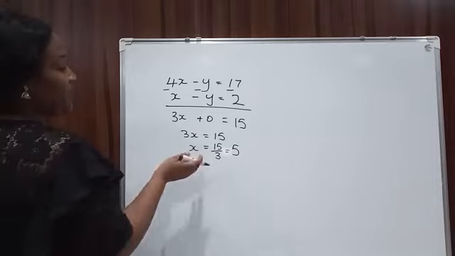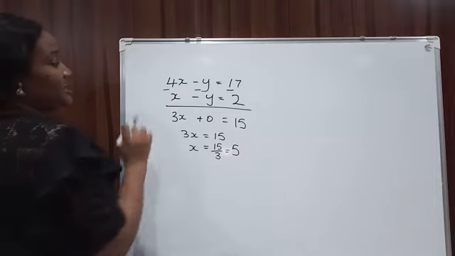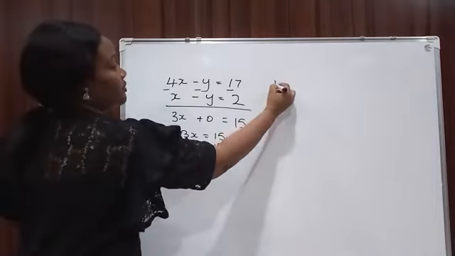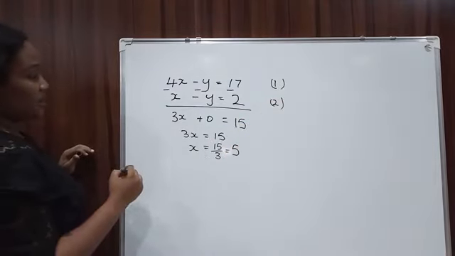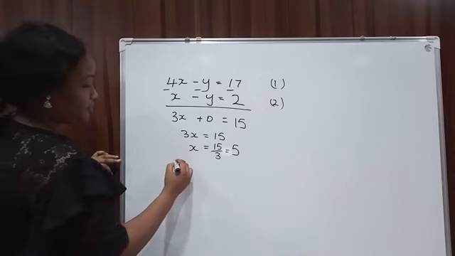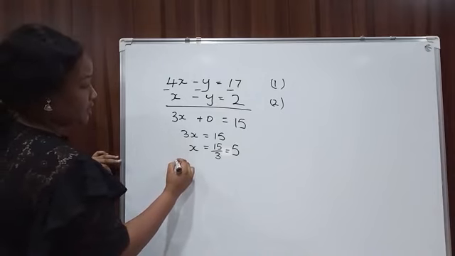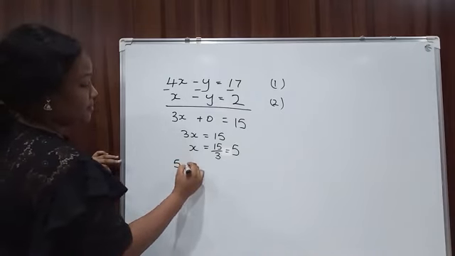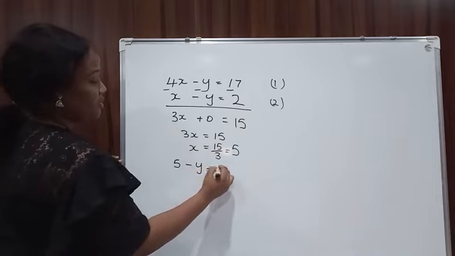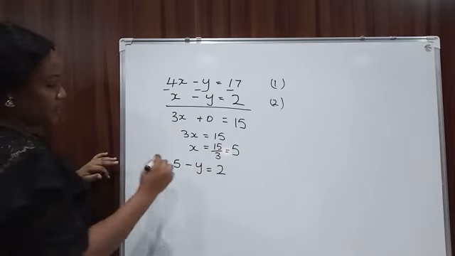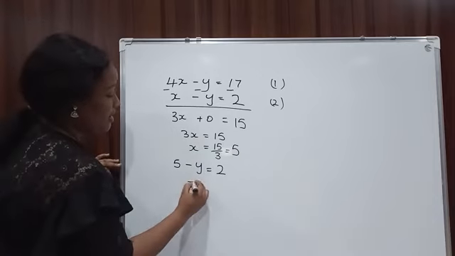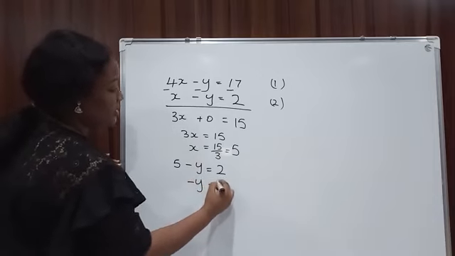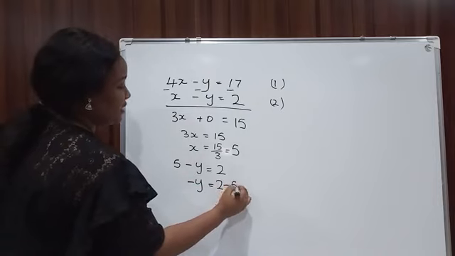Okay, so we substitute 5 into equation 2. We've got to number our equations. Okay, we now have 5 minus y equals 2. Remember our jumping, we have minus y equals 2 minus 5.